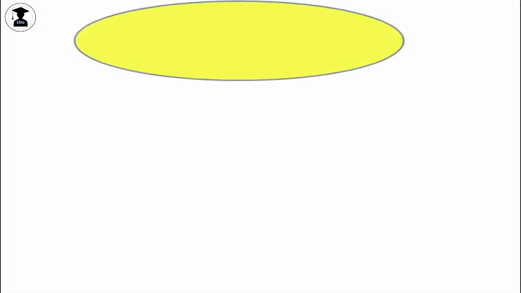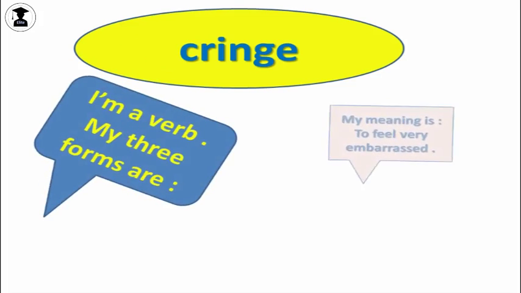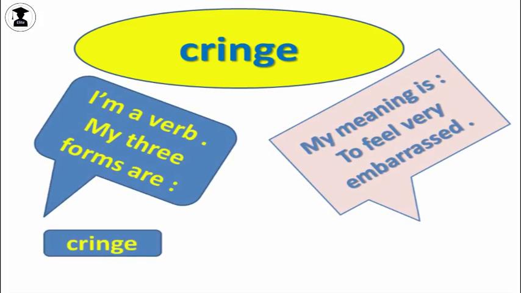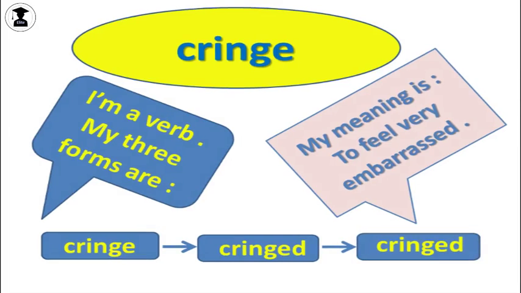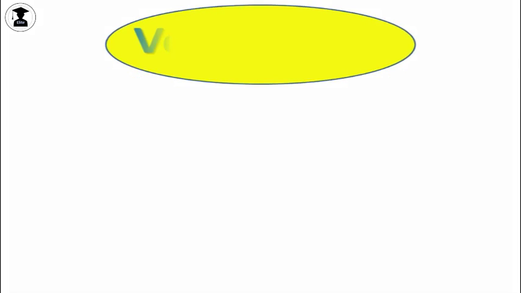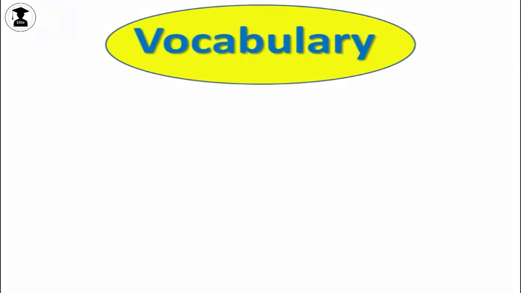The word cringe is a verb. Its three forms are cringe, cringed, cringed. And the meaning of the verb cringe is to feel very embarrassed.